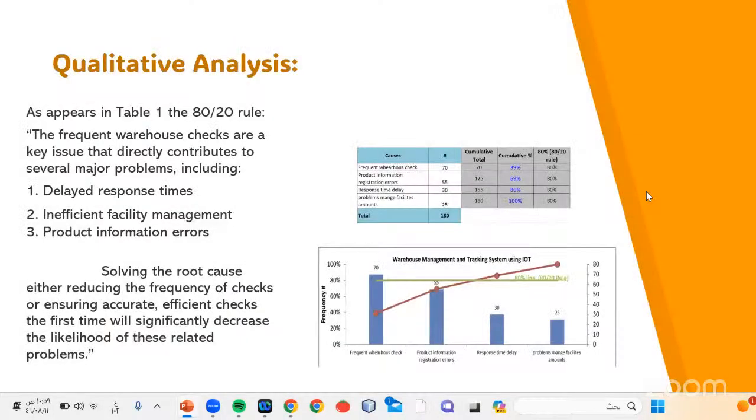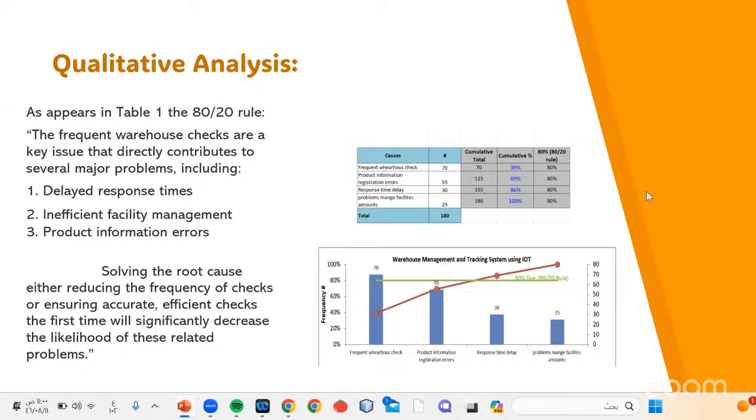Next, we're going to talk about the frequency of warehouse checks. This slide will explain how frequent warehouse checks cause several major problems in our warehouse management. According to the 80-20 rule, 80% of the problems come from 20% of causes.